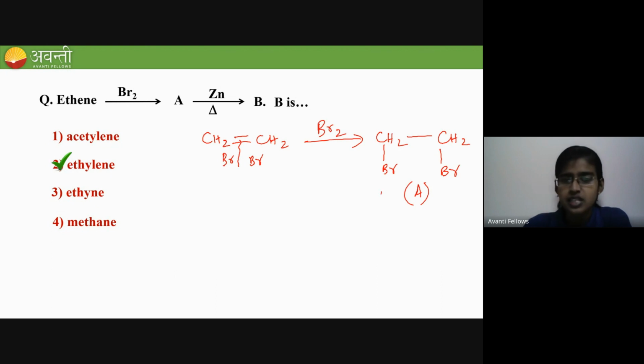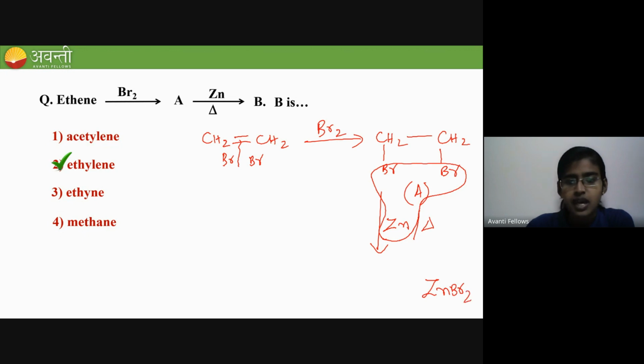And this vicinal dibromide is treated with zinc and it is heated. Now this reaction we might have studied in the preparation of alkenes. We have studied 4 preparations of alkenes, right? And this is the 3rd preparation under that. And here ZnBr2 will be coming out, and the bond will be shifted here.